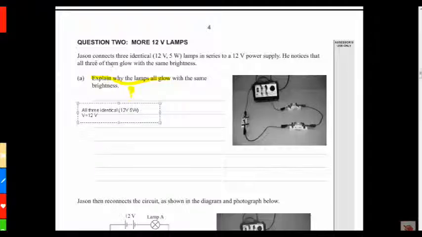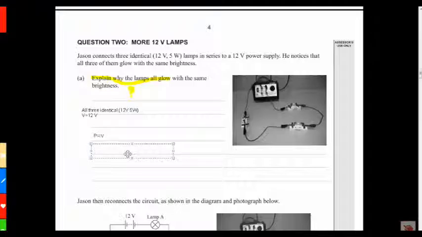And we need to explain why all 3 of these items glow at the same brightness. So we need to immediately realize power is current times the voltage, which is our indication of brightness.